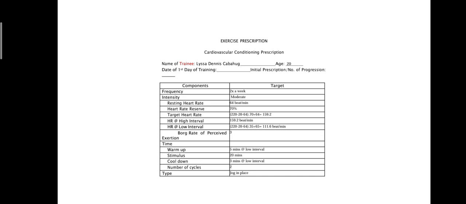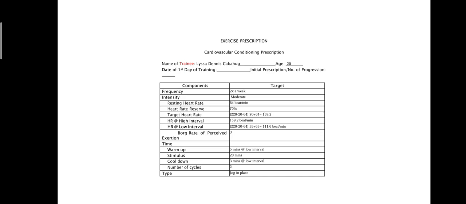She is 20 years old, and for the components we have a frequency of 2 times a week, intensity moderate, resting heart rate 64 beats per minute, heart rate reserve 70%, target heart rate is equals to 159.2, HR at high interval of 159.2 per minute, HR at low interval has 111.6 per minute, and the Borg rate of perceived exertion 3. For the time, for the warm-up, 5 minutes at low interval.